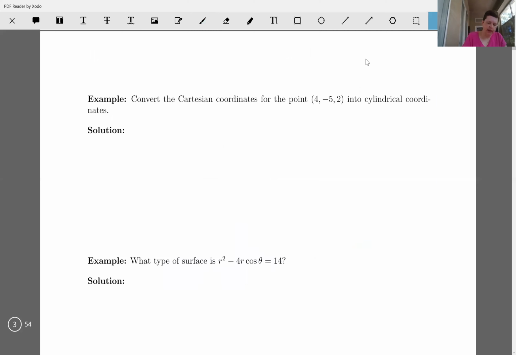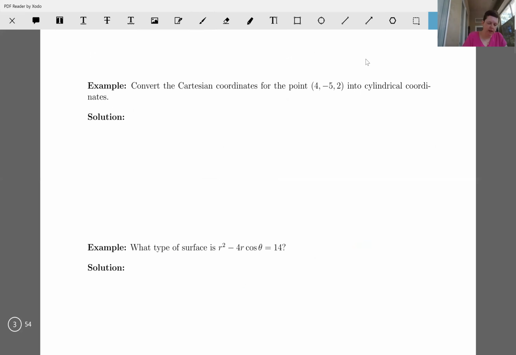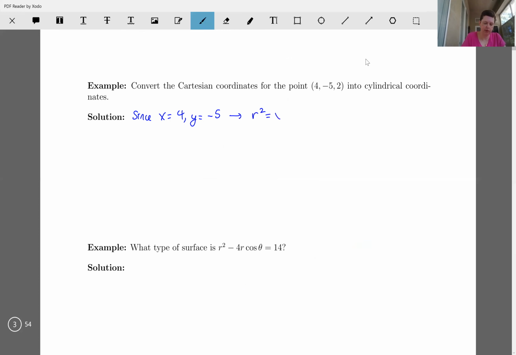Let's do an example or two. Let's convert the Cartesian coordinates for the point 4, -5, 2 into cylindrical coordinates. All right, so here we go. We have that x is equal to 4 and y is equal to -5. So we know that r squared is x squared plus y squared, which is 4 squared plus 5 squared, that's 25 and 16, which is 41.